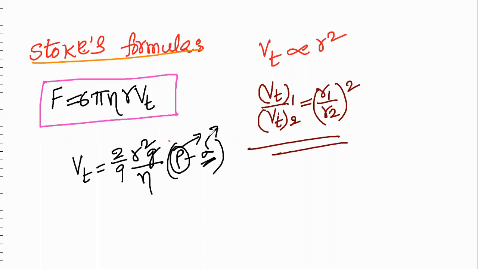Next, Poiseuille's formula. Poiseuille, P-O-I-S-E-U-I-L-L-E. The spelling will be like this. According to Poiseuille's formula, let us suppose it is a pipe.